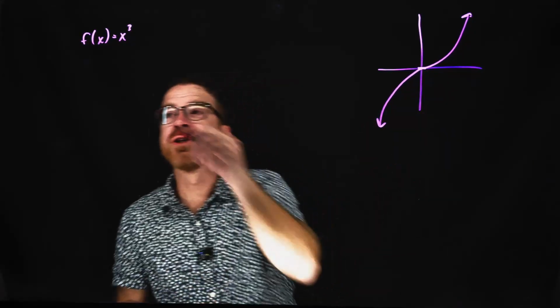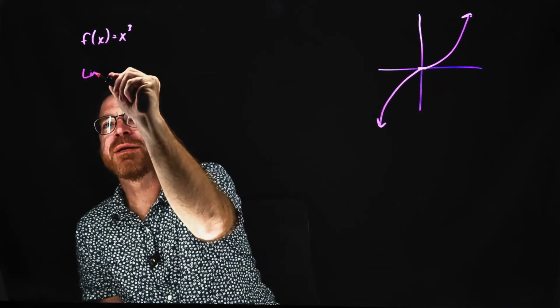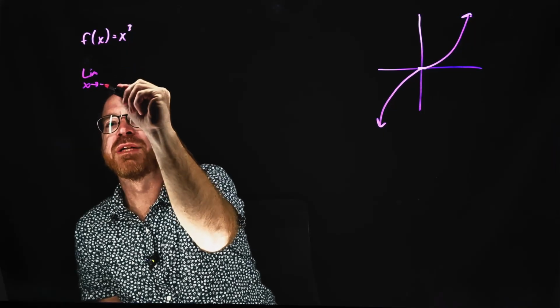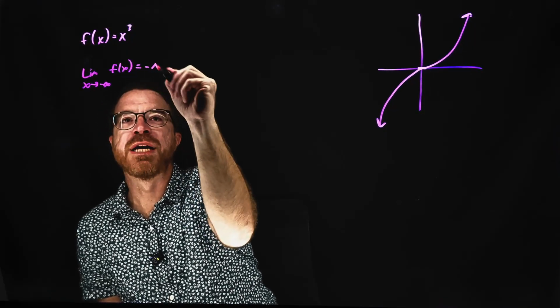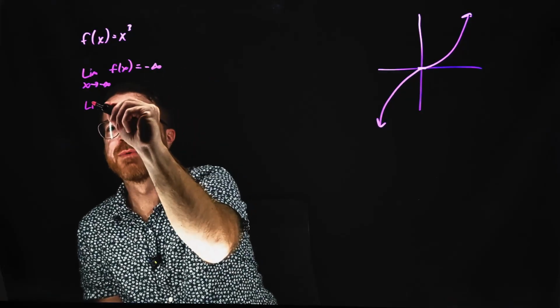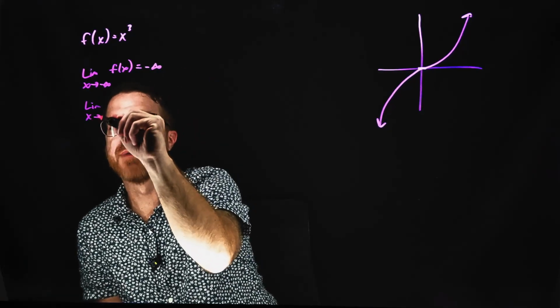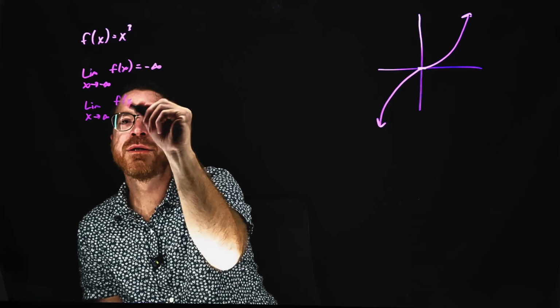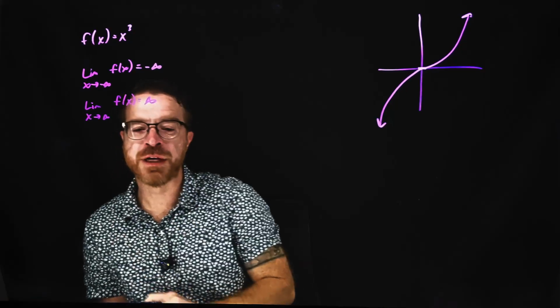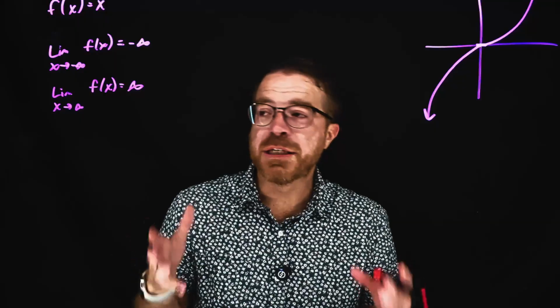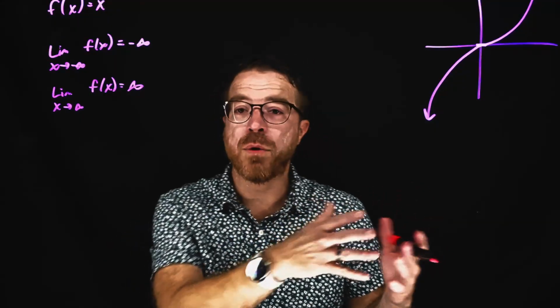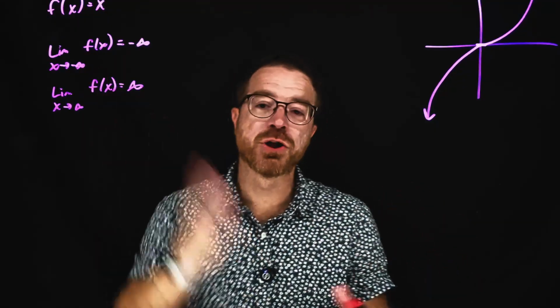So based on this function, as we take our limit as x goes to negative infinity, this is going to go to negative infinity. And as we take our limit as x goes to positive infinity, this is going to go to infinity. So since infinity and negative infinity are not real numbers, this would mean that no local minimum or maximums exist on this function x cubed.